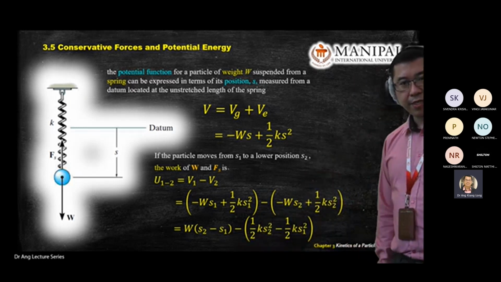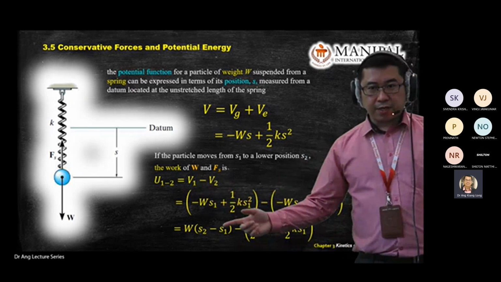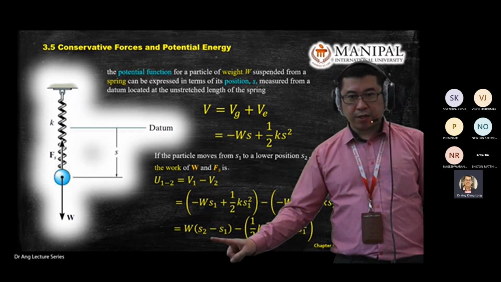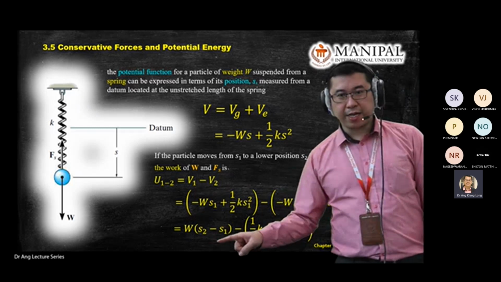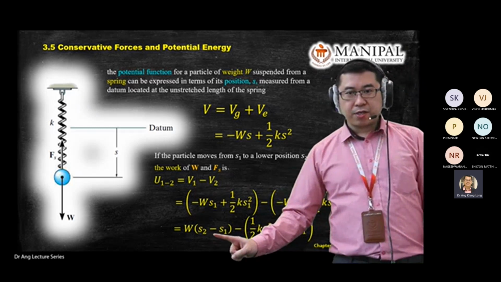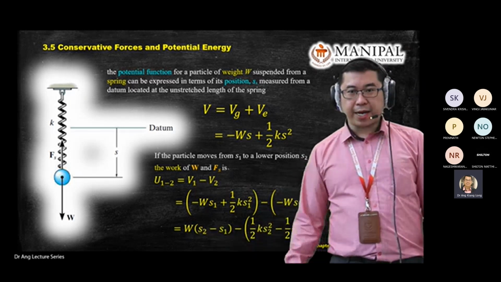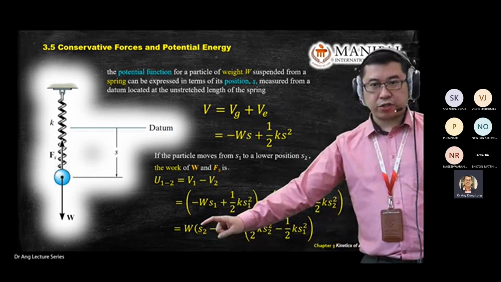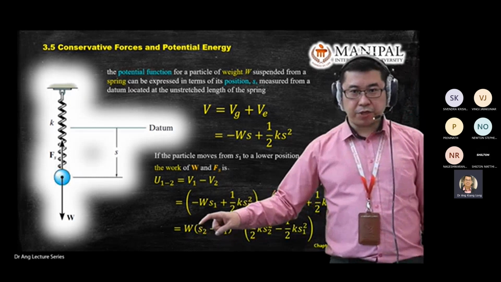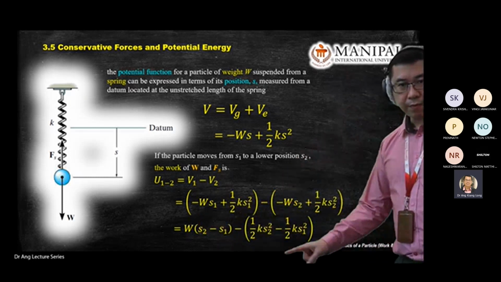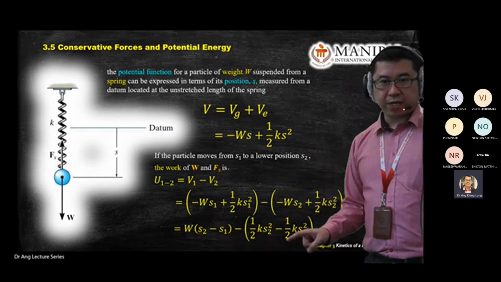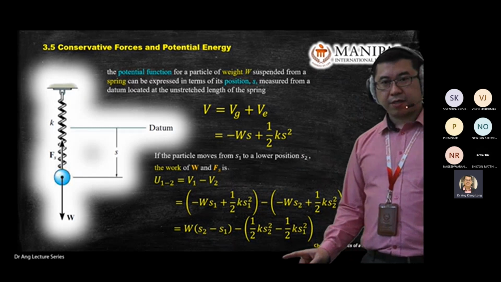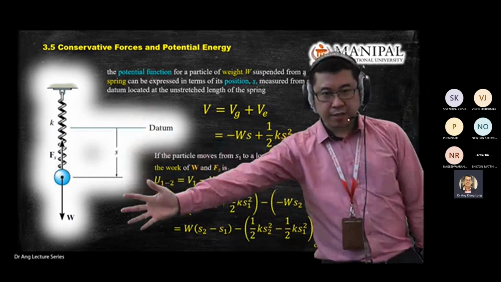So as you can see here, what does it tell you? When you have a change of position, elevation, or displacement in the air, S2 minus S1 multiplied by the force itself, or mgh, the one that you learn in your physics, minus the spring energy, second position minus first position, you get the work done in this system.